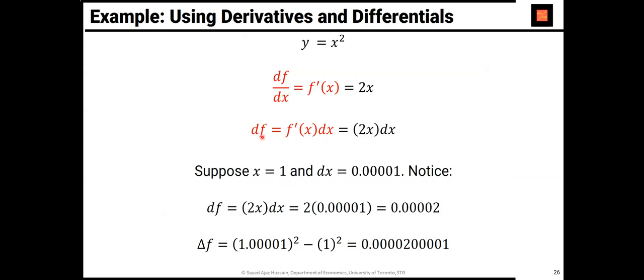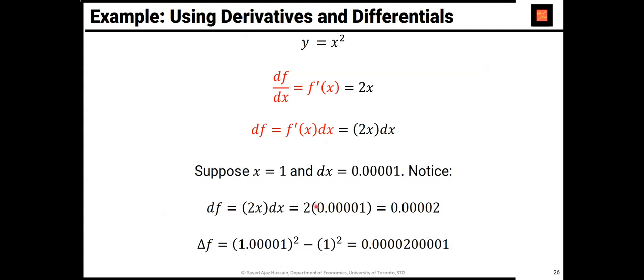Calculus tells us that the change in the y value is the change in the f function, which is found by the partial derivative of f with respect to x times dx. So the partial is 2x into dx. If I began with x equal to 1, and if I change x by 0.0001, that's 4 zeros and 1, then what's the change in the f function going to be? 2 times x, which is 2 times 1 is 2, into the change in x, which is 0.0001.